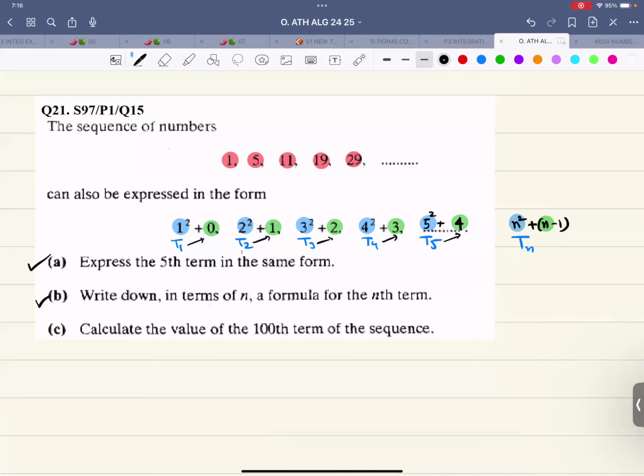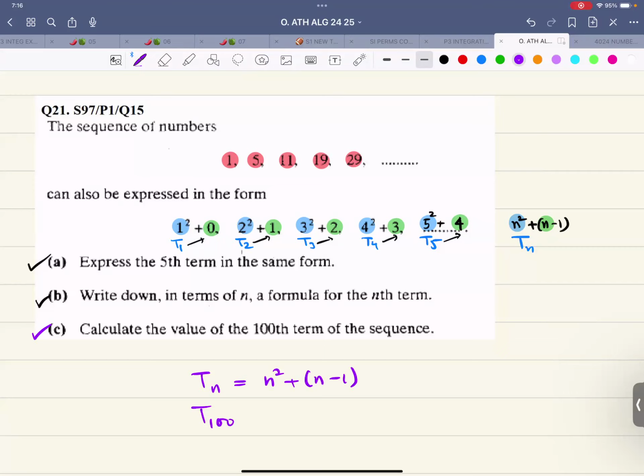Write down in terms of n a formula for the nth term. It's by observation that you learn this. Calculate the value of the 100th term of the sequence. So the value of the 100th term will be dependent on this. Therefore, Tn is n square plus n minus 1.